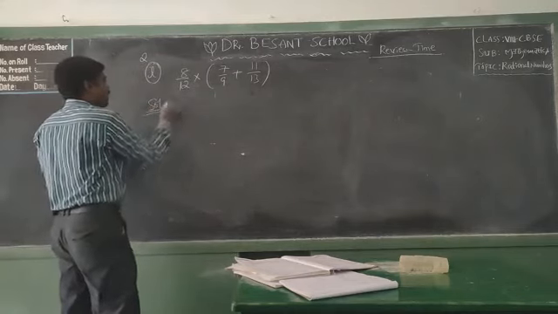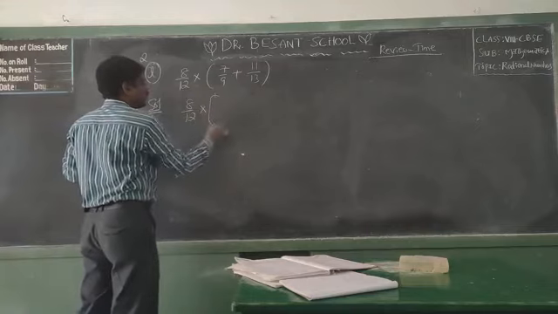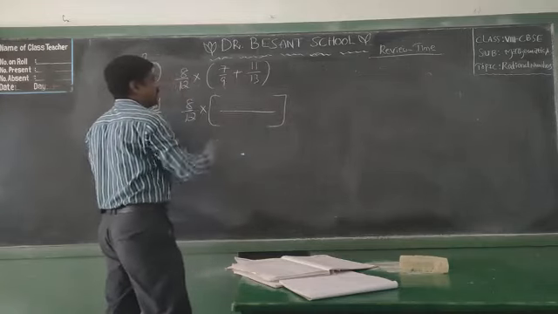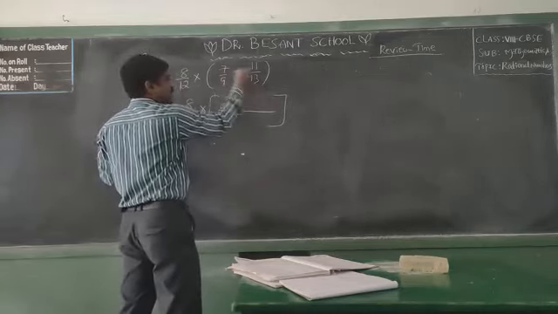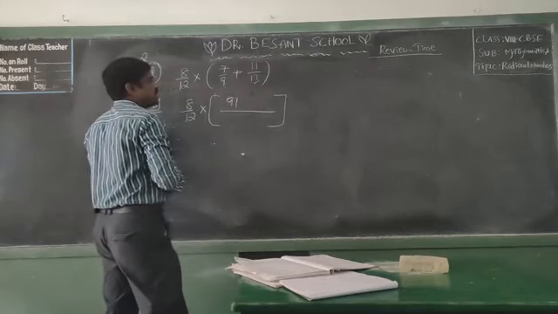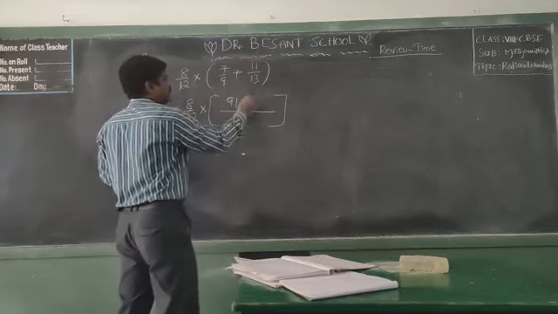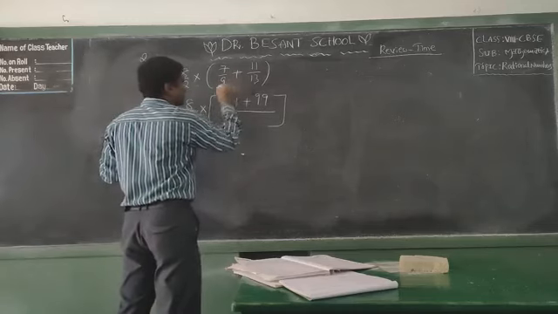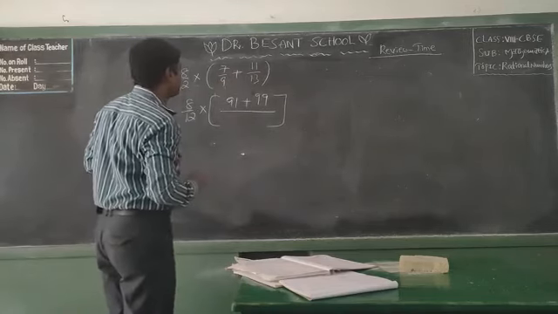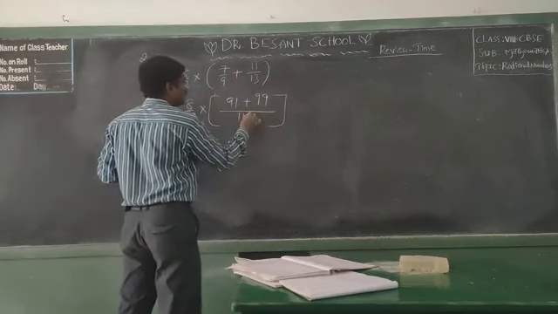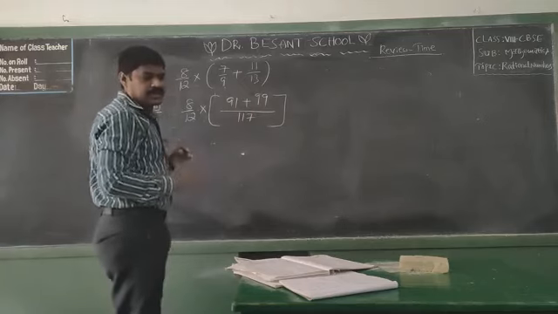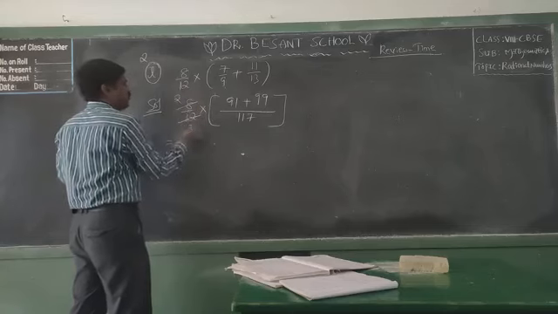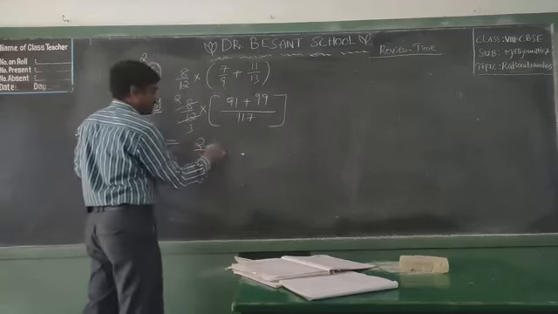We will do it directly. 8 by 12 into, so first of all, 7 times 13 is 91, cross multiplication method is better. 7 times 13 is 91, 11 times 9 is 99, next 13 times 9 is 117.